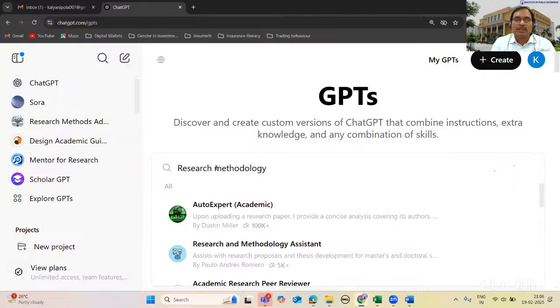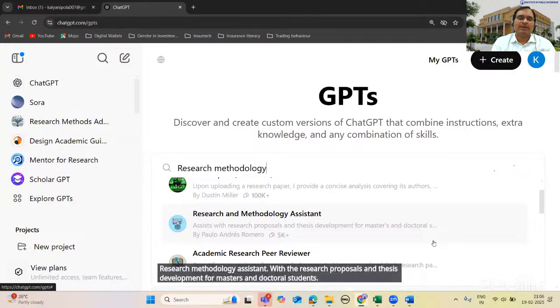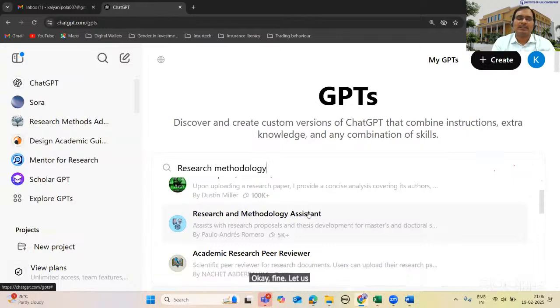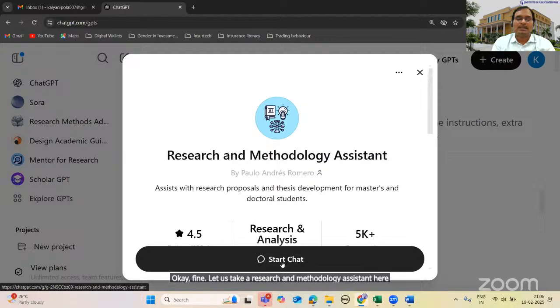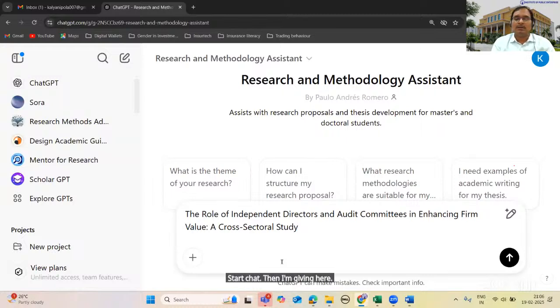Research methodology assistant, with research proposals and thesis development for masters and doctoral students. Okay, fine, let us take this research methodology assistant. Start chat, then shift enter.